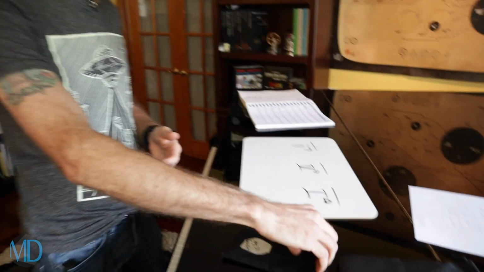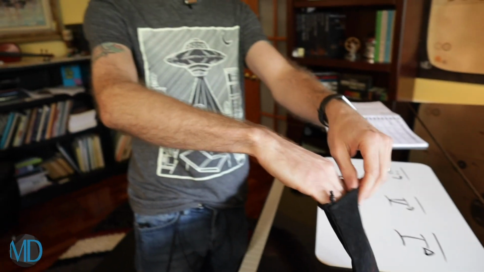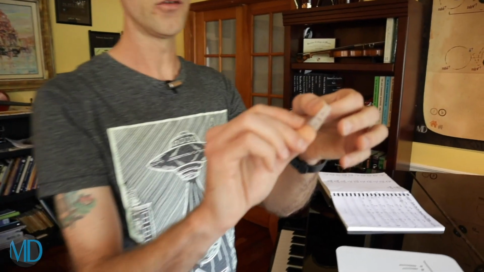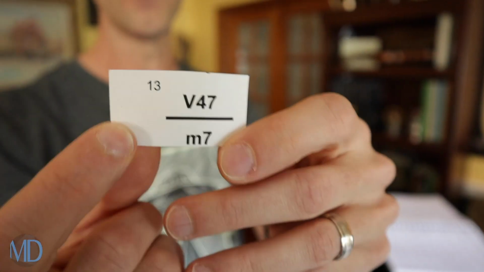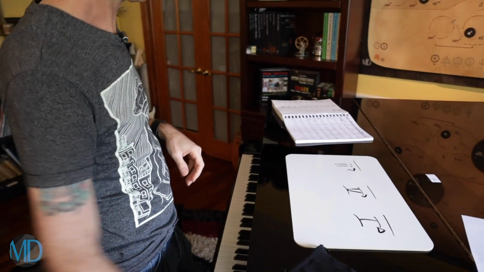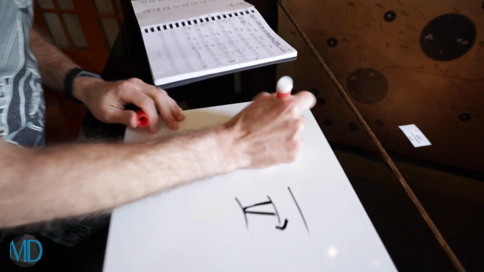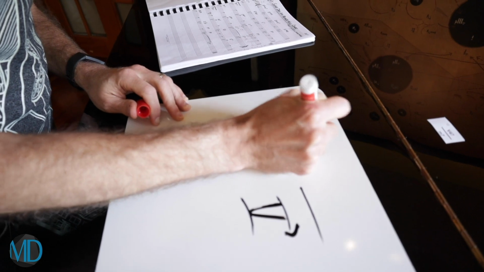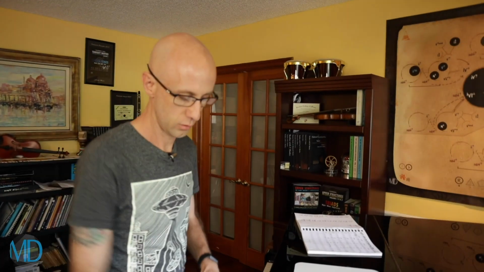So first bag here we have our 2 chord, our minor 7 or minor 7 flat 5. Let's see, what do we have? All right, so a 5-4-7 over a minor 7 chord from episode 13 of Upper Structure Fridays, season 2, Quartals. So that would be 5-4-7 over 2 minor 7.